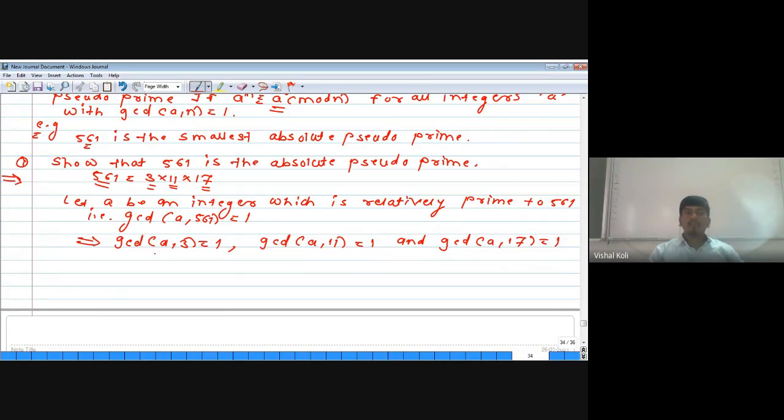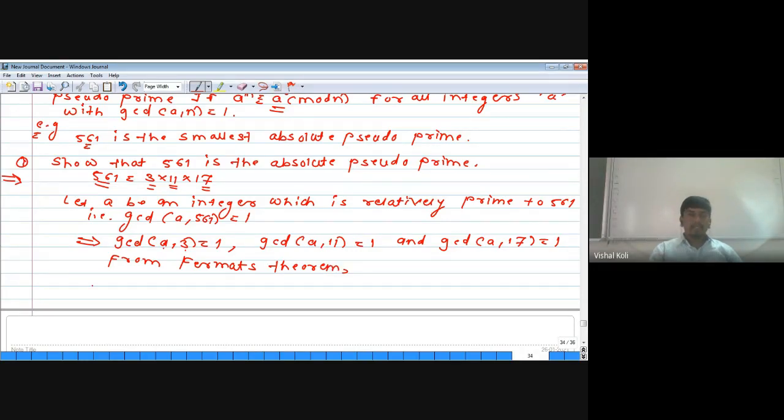So now we have to use Fermat's theorem. For Fermat's theorem, we require p to be a prime number and a an integer such that p does not divide a. Then a to the power p minus 1 is congruent to 1 modulo p. As here GCD of a and 3 equal to 1, then 3 is a prime which does not divide a. Then from Fermat's theorem, a to the power p minus 1 is congruent to 1 modulo p.